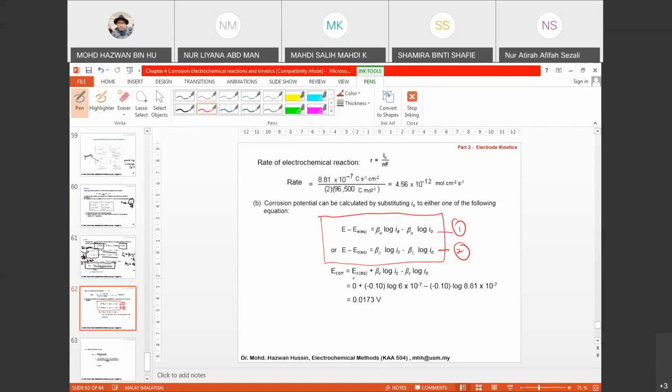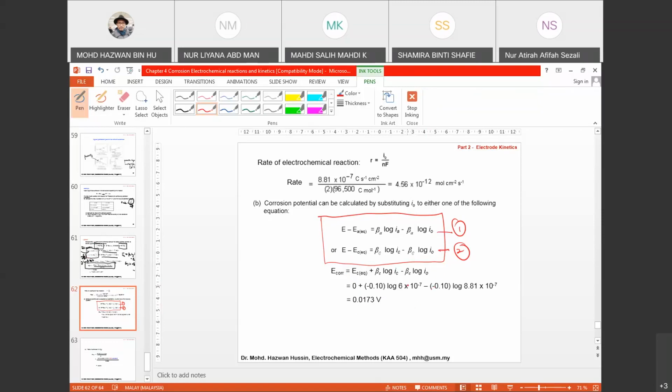So E corr, if you rearrange from here, becomes E_C plus beta C minus beta C log i naught. You will notice that the E corr value is equal to 0.0173. Notice that the beta C is addressed as a negative symbol.